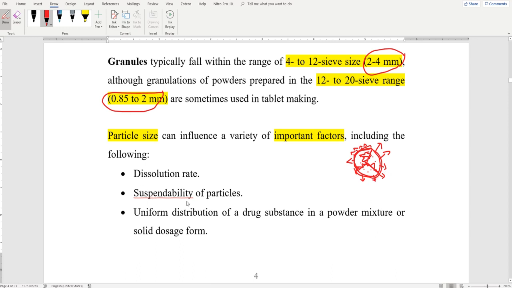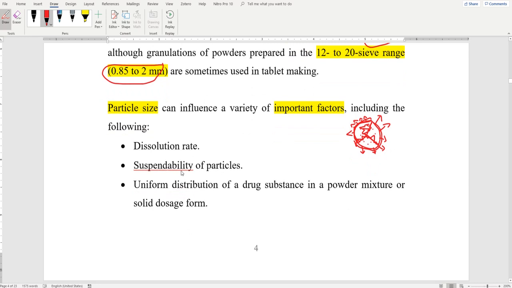And this is one factor. That's why we must control the size of particles, in order to control the dissolution rate and the effect of the medication.